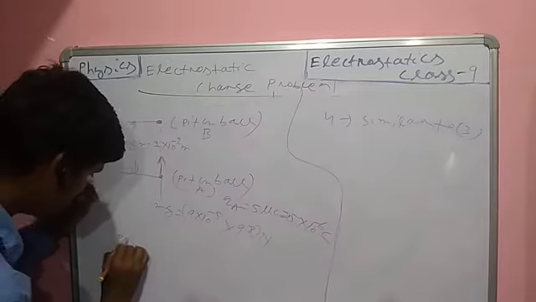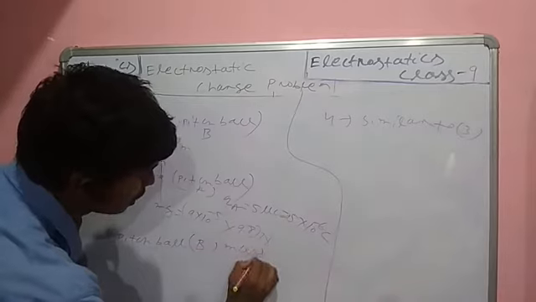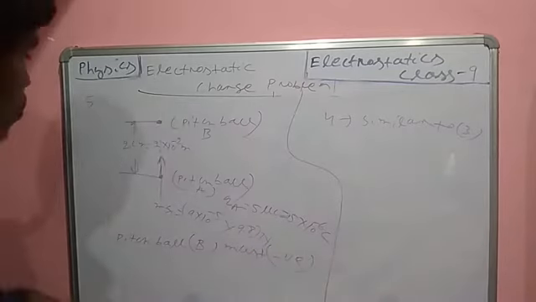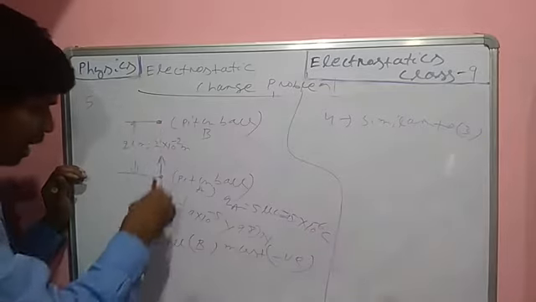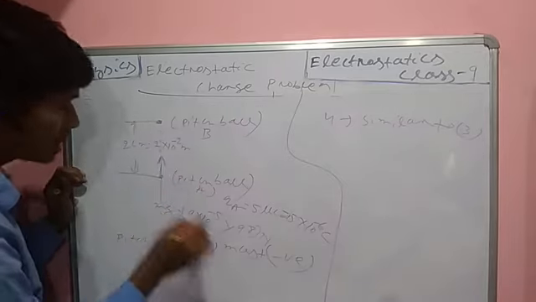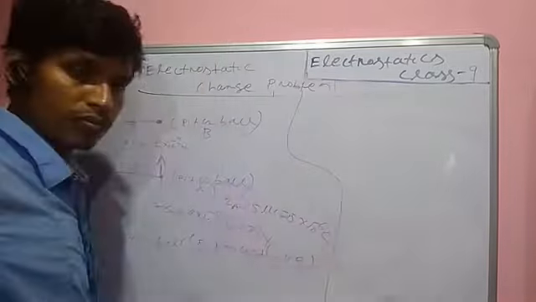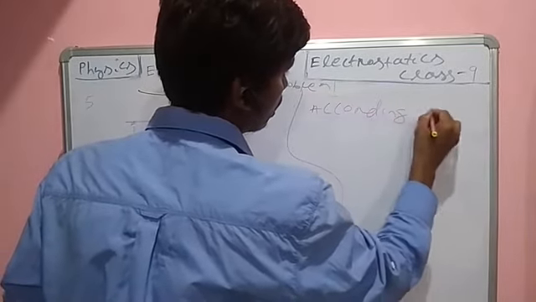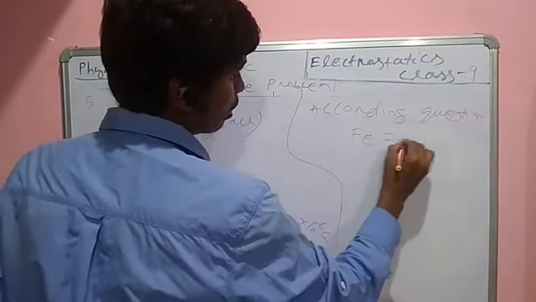So pith ball B must be negative. For the value of the charge, when the weight is downward and the force is upward, F is equal to mg, according to the question.